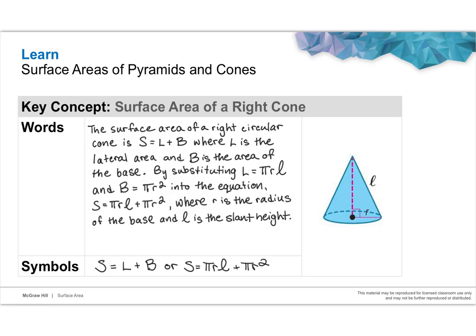And base again, of course, is pi r squared, the circle formula. So we have our S equals lateral area plus base, or S equals the surface area, total surface area is lateral area pi RL plus 1 circle area pi r squared. Again, dimensions that factor into that are simply the R and the L.